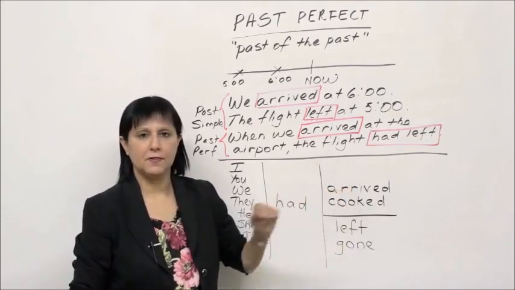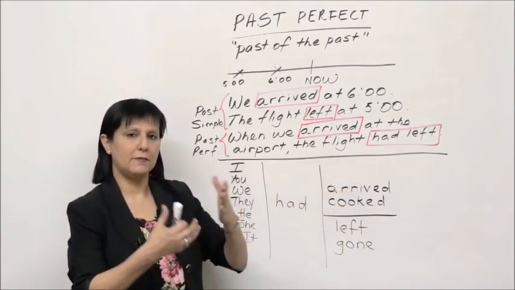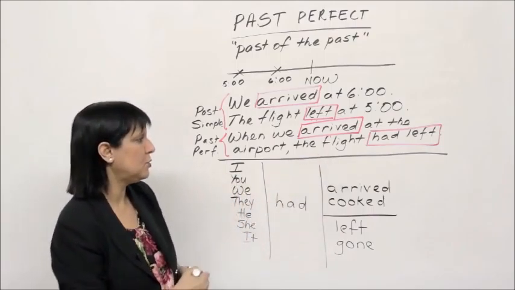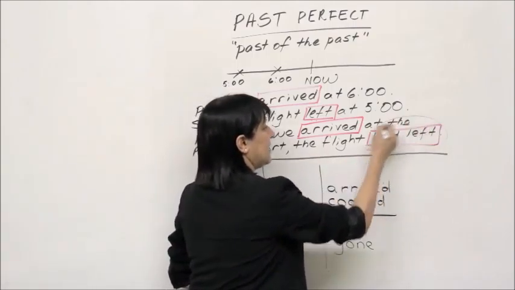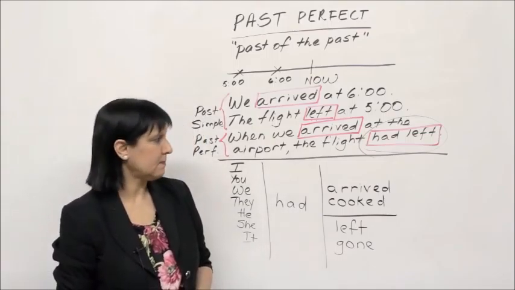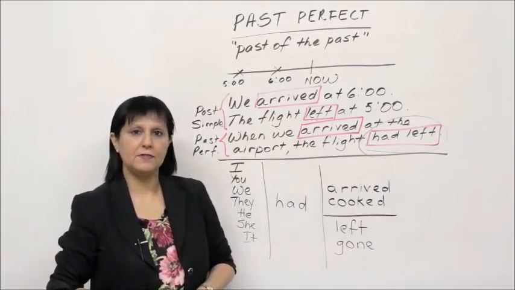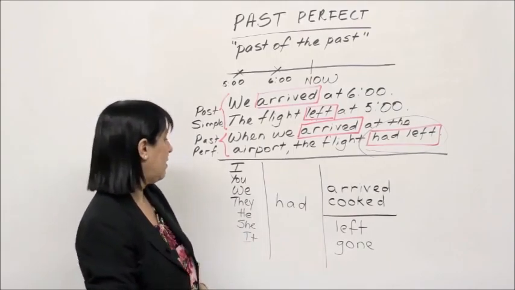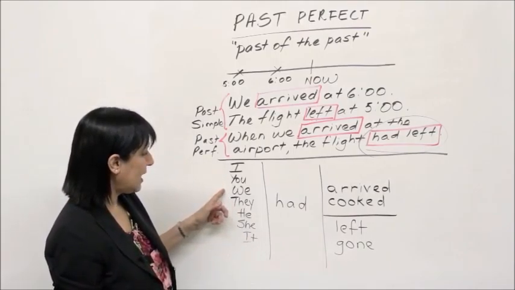The flight left at 5 p.m., right? So whatever happened first, that is the flight, we have to use the past perfect tense to describe. The flight had left at that time, okay? All right, now, let's look at this.